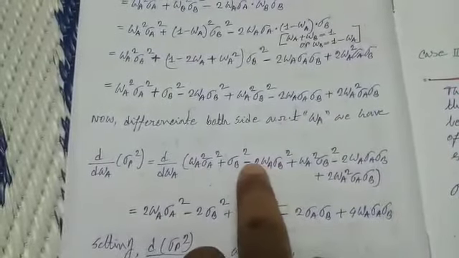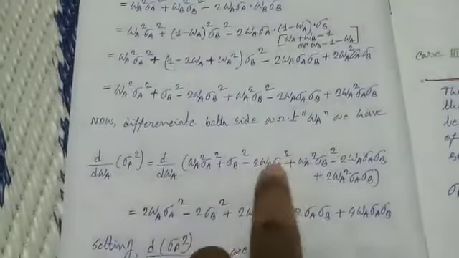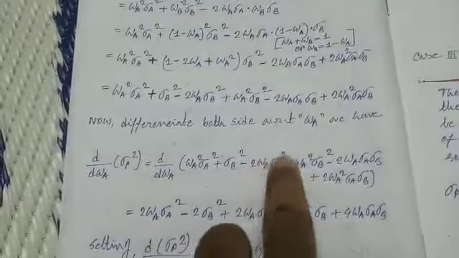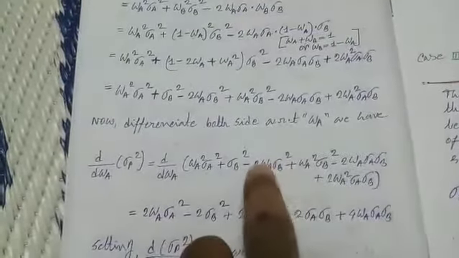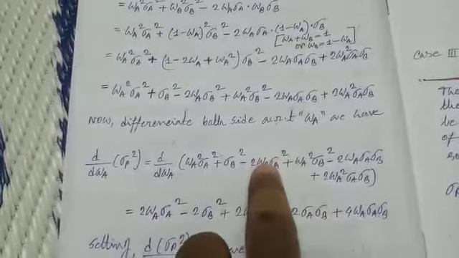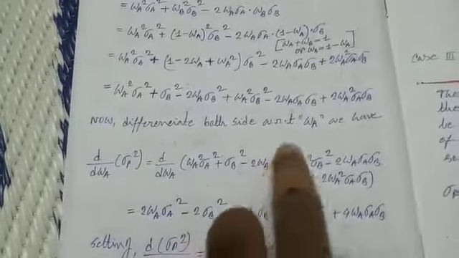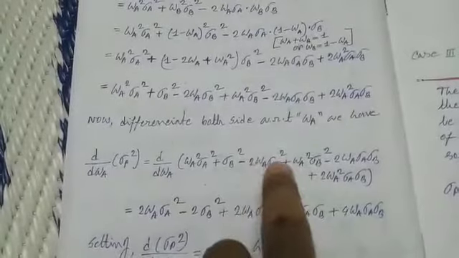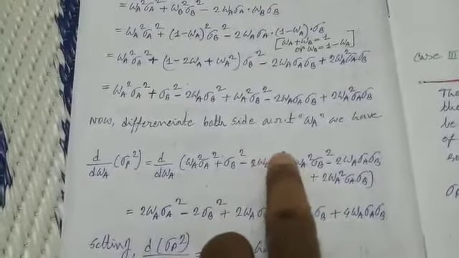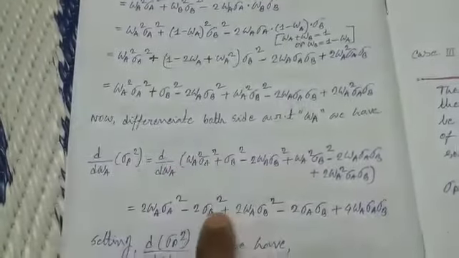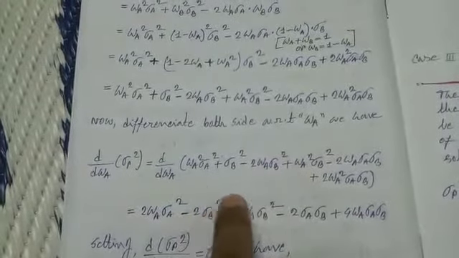Now here, for changes in WA, 2 WA sigma B square will take the shape of 2 into sigma B square, because with respect to WA, 2 and sigma B square are constant, and differentiation of WA with respect to WA is 1, so it will take shape as 2 sigma B square.